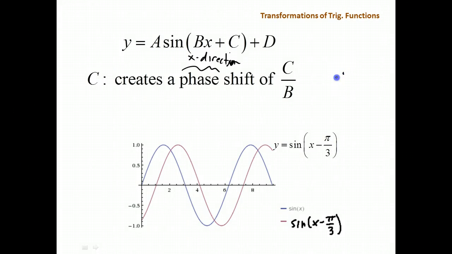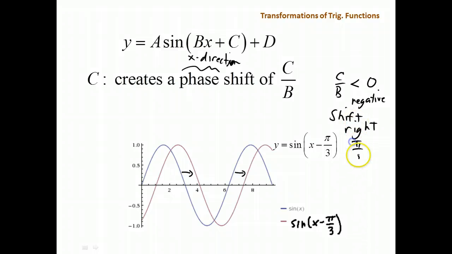So when C over B is less than 0, when it's negative, then that's going to cause a shift in the x direction to the right. This is a shift right, in this case, pi over 3 units.